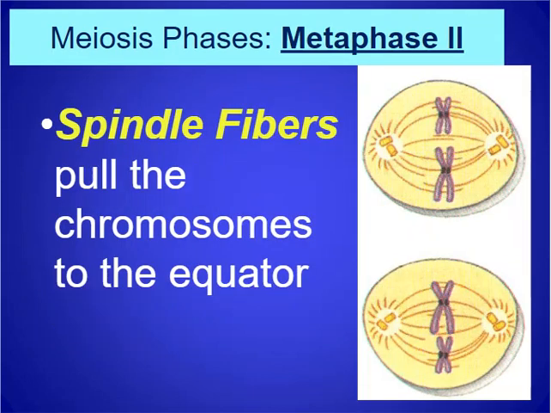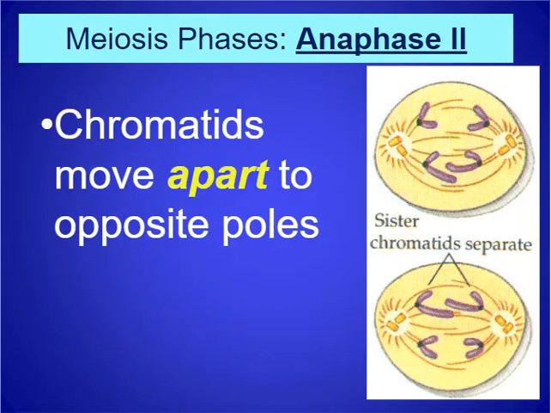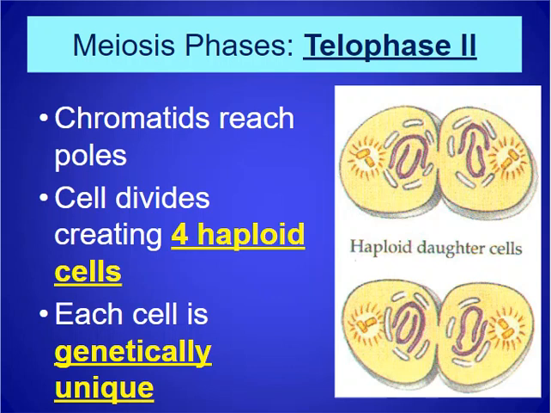Metaphase, same as metaphase 1, you line up along the middle. Anaphase, they're pulled apart. And telophase, they're two stuck together. But this time, at the end of telophase, because we had two cells dividing in two, we now end with 4 haploid cells.